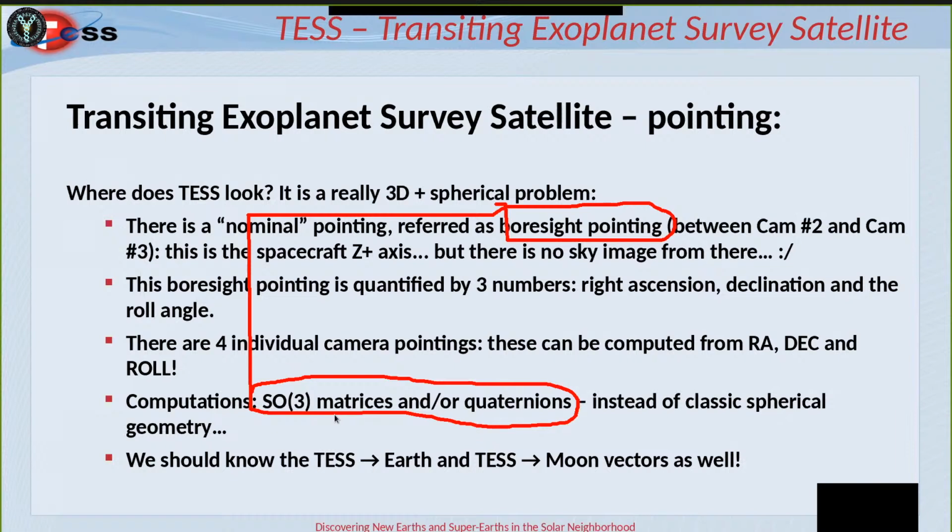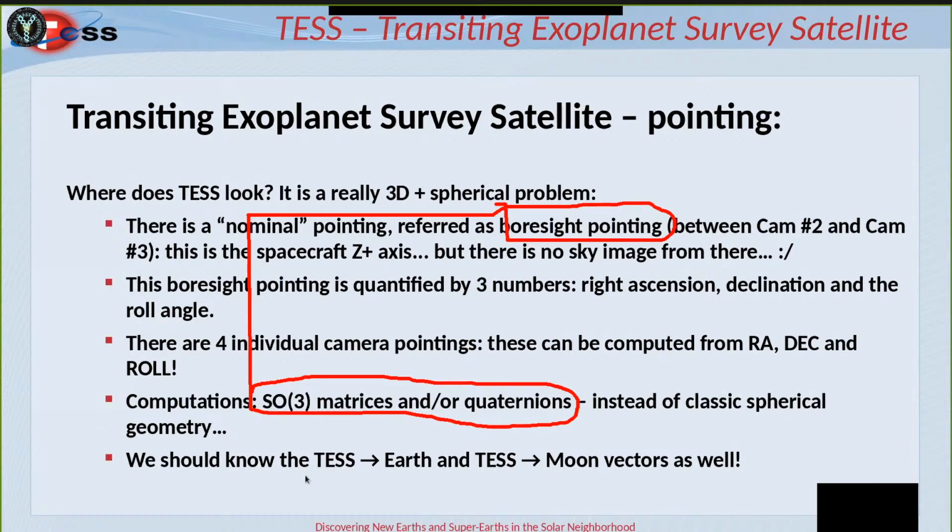Instead of the classical spherical geometry, you need to do somewhat more complicated computations, but there are formulae and there are websites which are not so good, but work at some level. I always get questions about why my favorite star wasn't observed by TESS, because the official NASA website says that it was observed. Yes, it was observed, but it fell between the gaps of the CCDs, so it's not so trivial to compute.